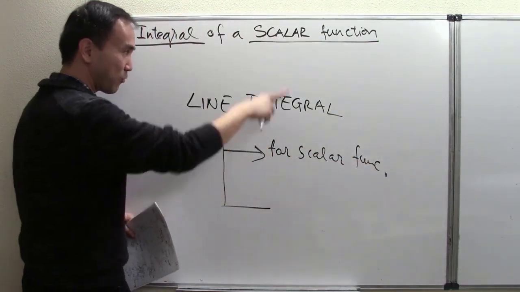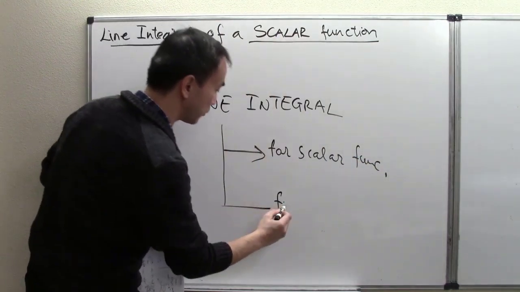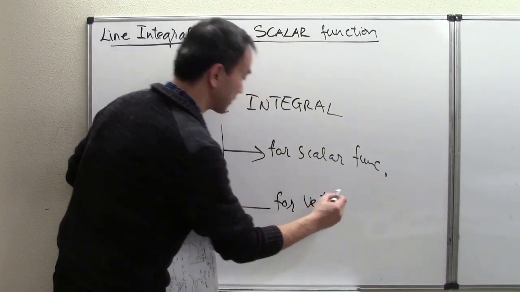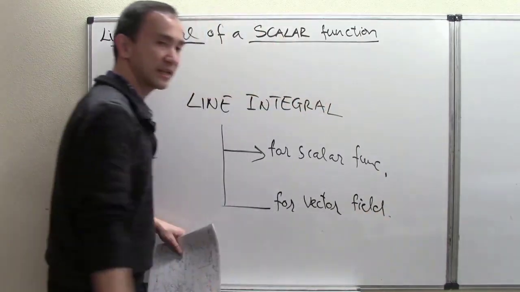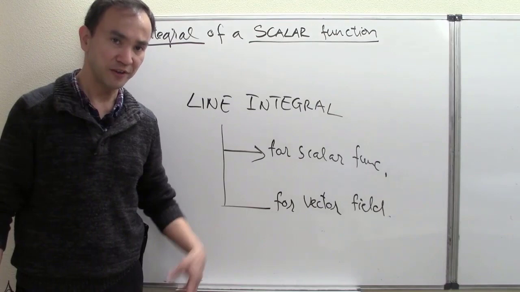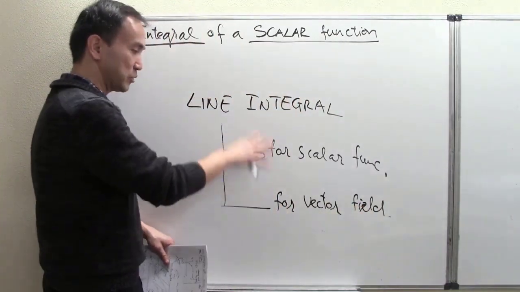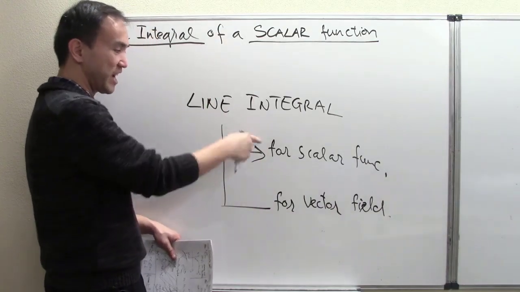And then after that, once we're fluent with this, we're going to drive that idea into the line integral of a vector field, or for short, just a line integral of a vector, or a vector line integral. So there are two major types of line integral problems. This is where we're at right now.